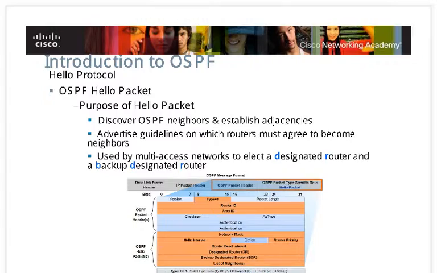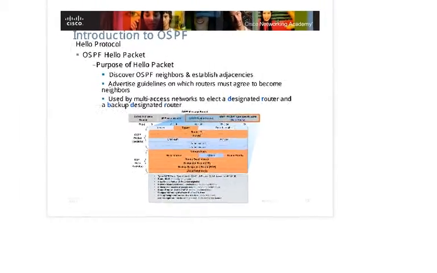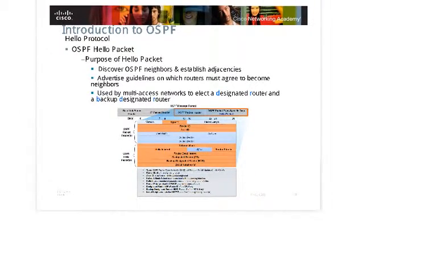So let's go to the details of each of these messages. The first one is the hello packet, and as we said, the main purpose of the hello packet is to discover adjacencies. Similar to EIGRP, you need to discover the neighbors. Why? Because if you don't have any neighbors, you don't have to send any link state information, right?